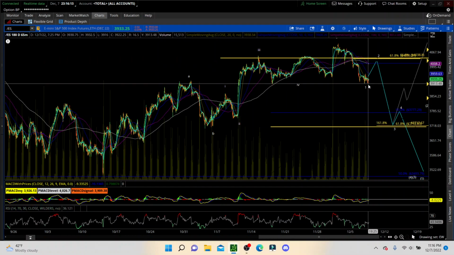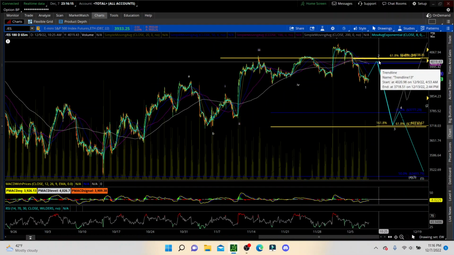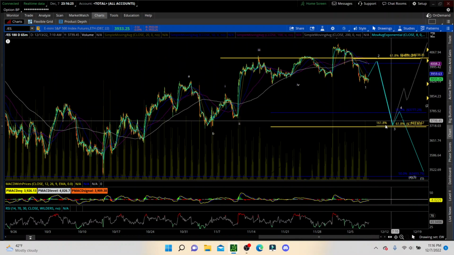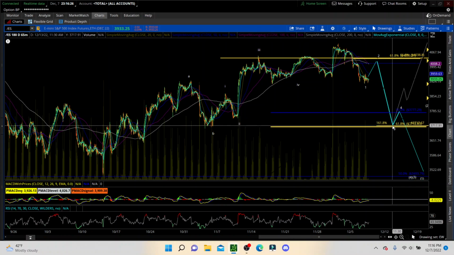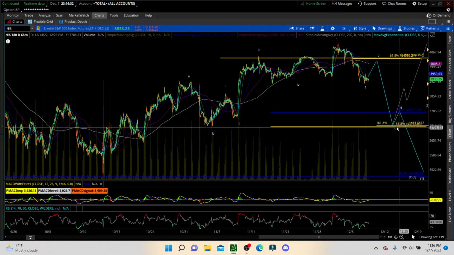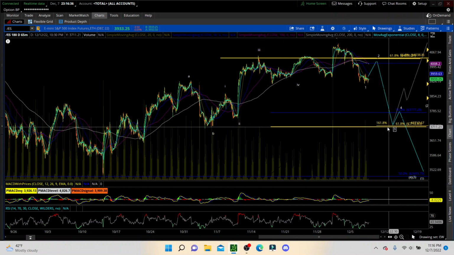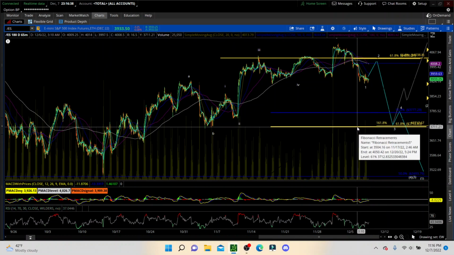If this impulsive wave moved down, and we have a 62% retracement to around this area here to 4,000, then our next target for the 62% extension and also the 3,700 open interest area just happens to coincide with the 62% retracement.